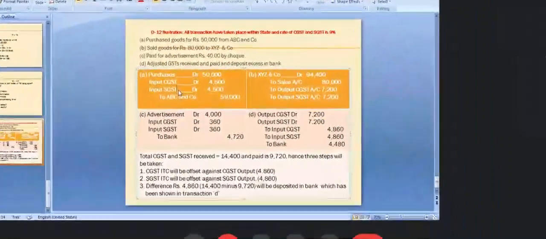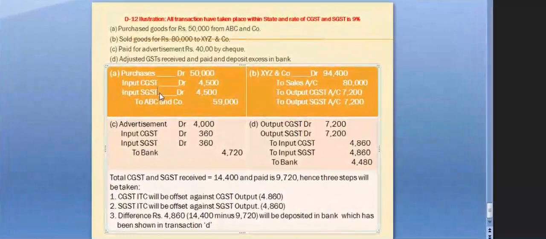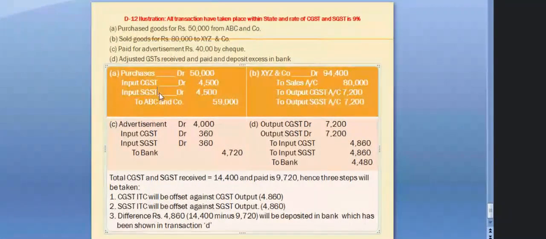Now suppose we have mentioned here advertisement account in part C, paid for advertisement. What is advertisement in terms of asset, capital, liability, expense and revenue? Expense. Correct. Earlier on, I asked you about salary. What is salary? Expense.